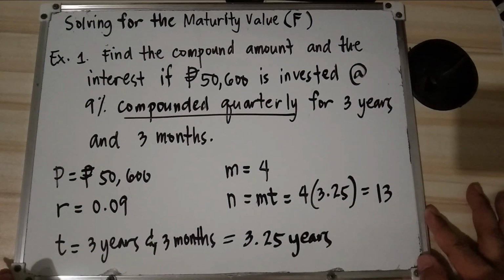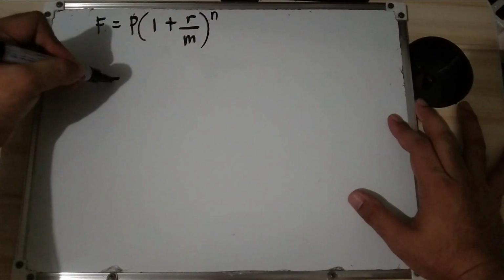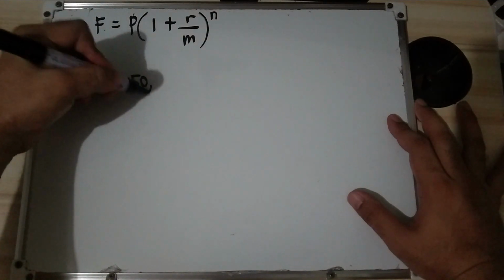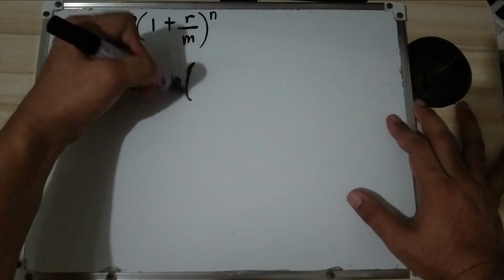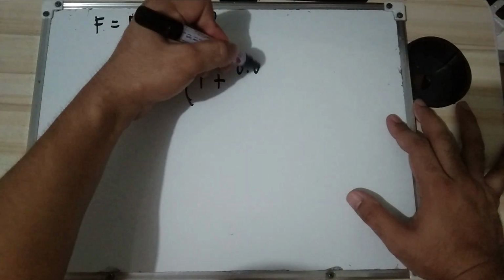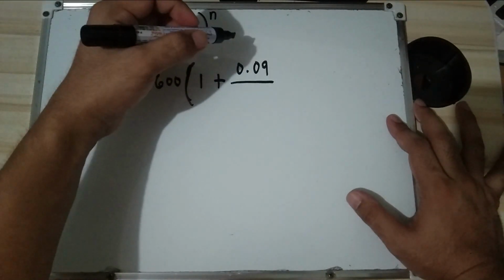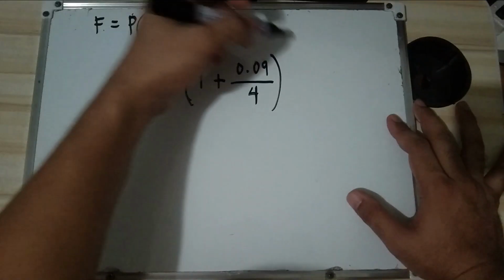I-plug in na natin siya sa formula. Yung formula, F is equal to P times the quantity of 1 plus R over M raised to N. So, yung principal natin doon is yung 50,600 times 1 plus 0.09 over 4, yung M, raised to N. Ano yung N natin doon?